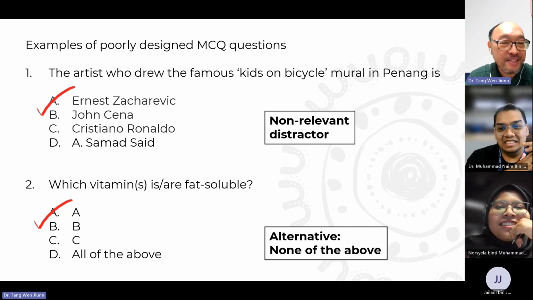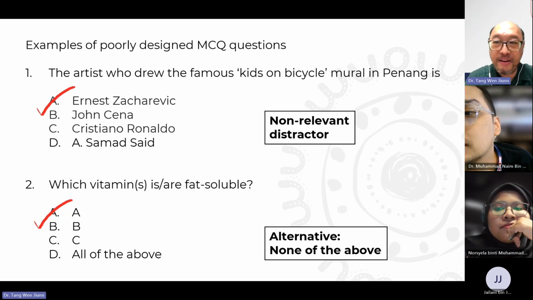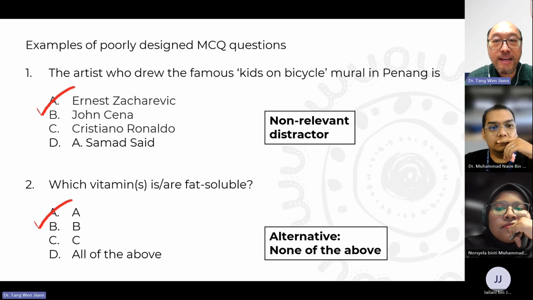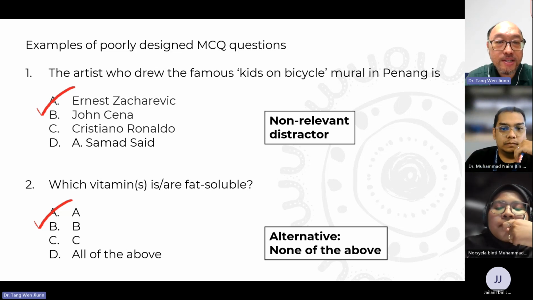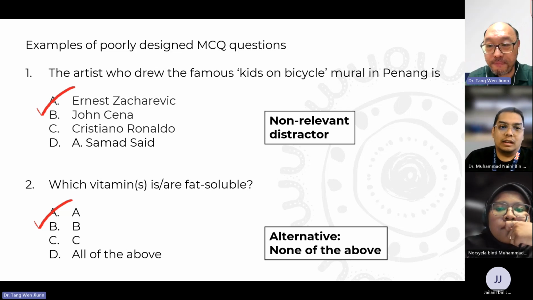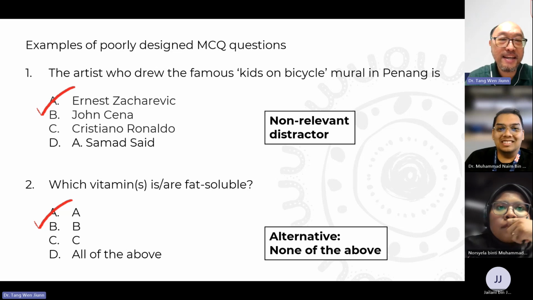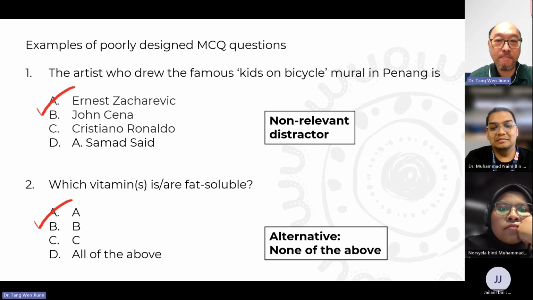If you look at this question, if you are aware of entertainment or even general knowledge, you should be able to answer it without knowing the actual answer, because by elimination you can tell already: John Cena, celebrity; Cristiano Ronaldo, soccer player; Samad Said, poet.